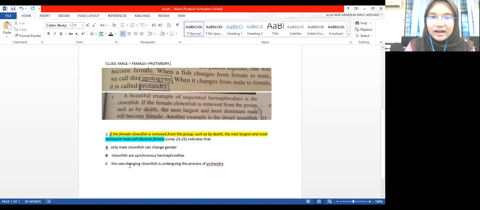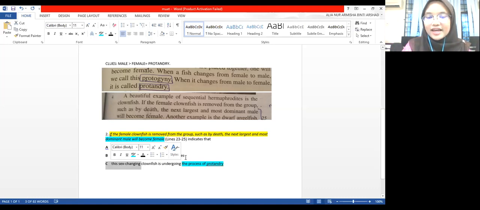So the most accurate answer for this type of question is C, because we can see the process of protandry here, and also the sex changing, because when the fish is changing from one gender to another gender, that is called the sex changing process.